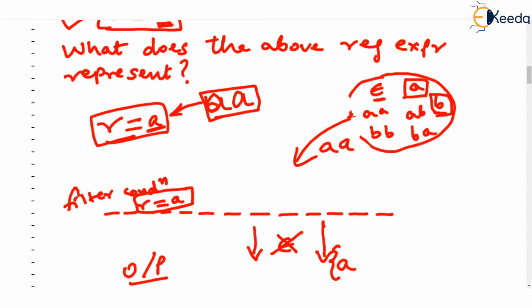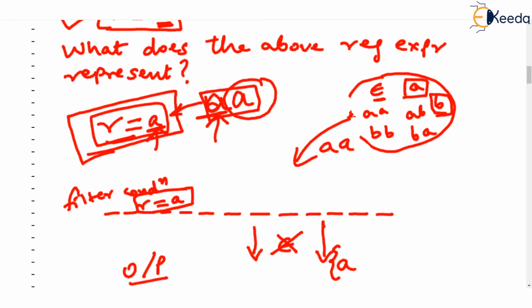Although the very first A matches this A of the regular expression, there is an extra A over here. And in the regular expression, we don't have any arrangement made for matching this second A. That means the regular expression is very stubborn and it will say that I will pass only those strings which are only single A. So double A will not pass.